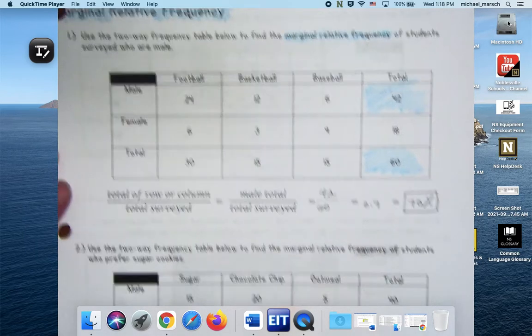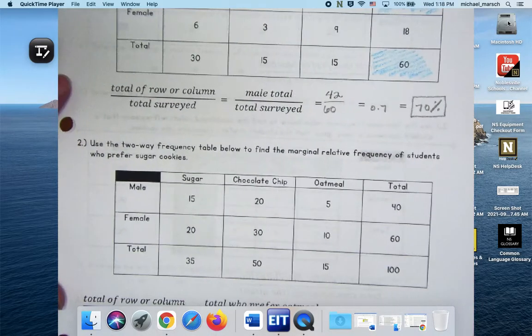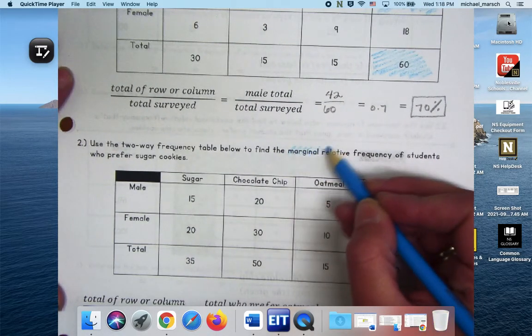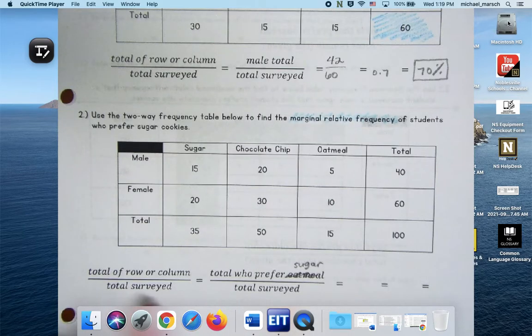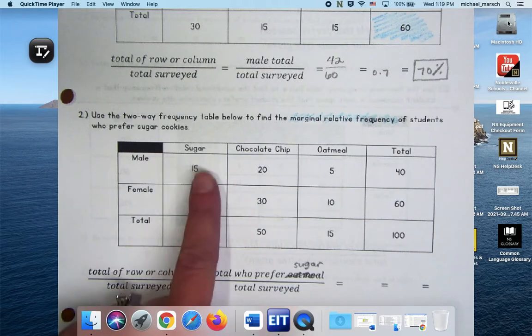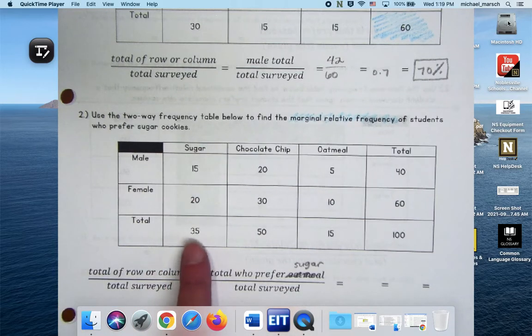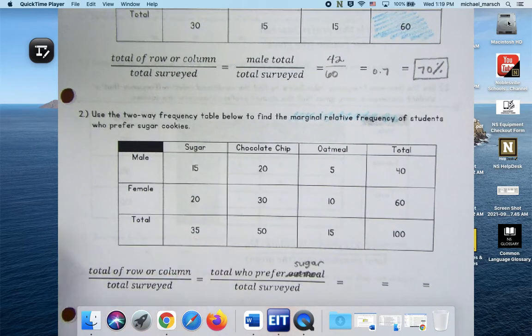Okay, now we're going to do marginal relative frequency, and I already see the mistake here. Give me a second. Students who prefer, and this should say sugar down here, students who prefer sugar cookies. So again, we're going to look for the total of the row or column. For sugar, it's going to be a column. And what is the total? 35.